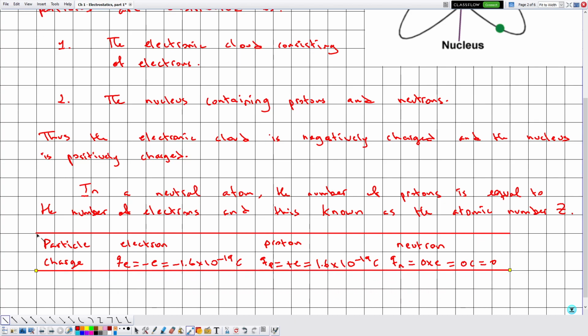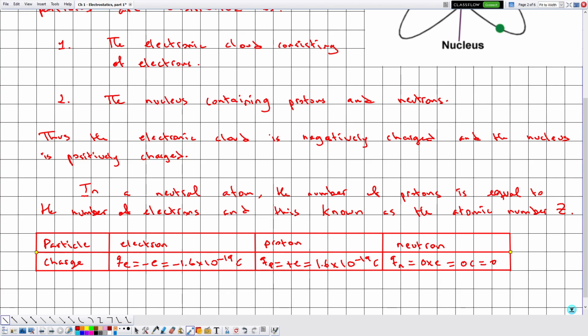Here in this table we have only discussed one property of these particles, the charge, and the charge is a property of matter. What are other properties of matter? For example, the mass and the size, but based on this we cannot deduce anything about other properties.